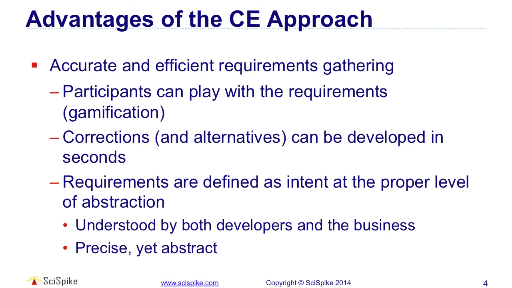The corrections and alternatives that come up can be developed in seconds, as you saw, and the requirements are defined as intent at the proper level of abstraction. Because we're using this intent language, we can execute the specification. Both developers and the business people tend to come to a common understanding. And it's precise while it's still abstract, which is also a big advantage.